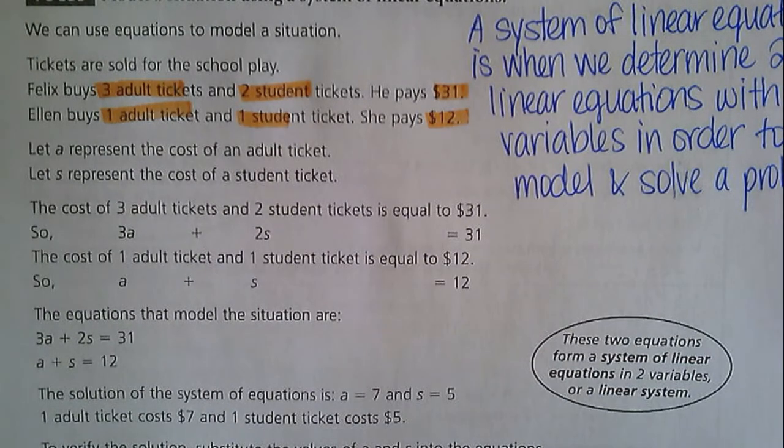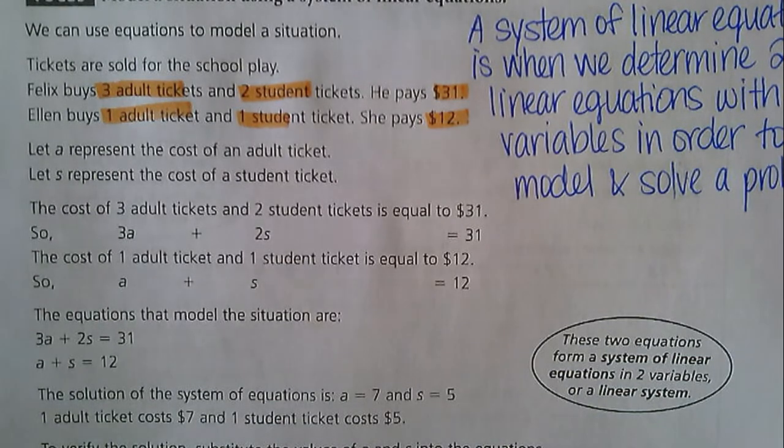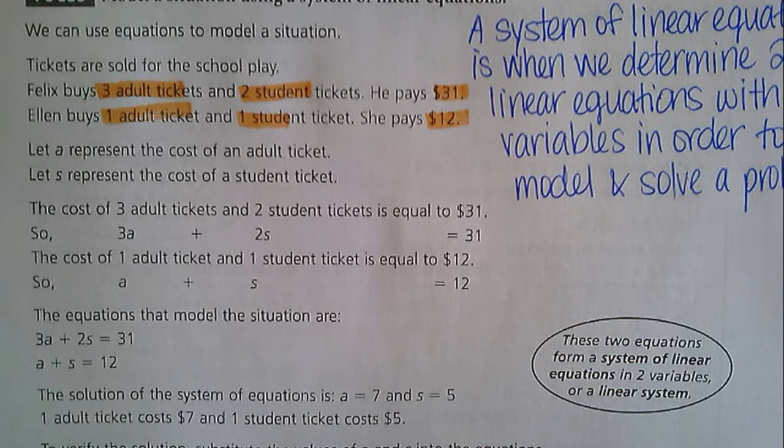Just for making this question a little bit easier, we'll let the letter A represent the cost of an adult ticket, and we'll let the letter S represent the cost of a student ticket. Whatever variable you use doesn't really matter, but in this case, we're going to use A for adult and S for student. So let's start by making an equation from Felix's information.